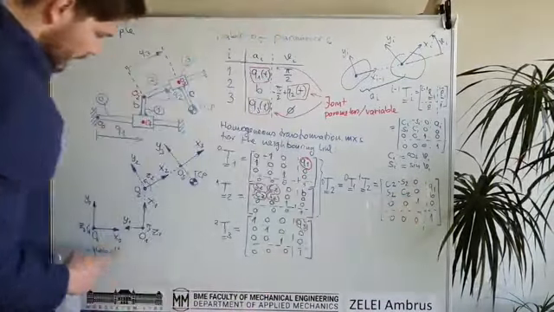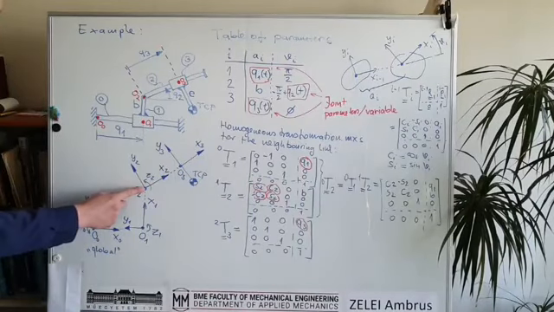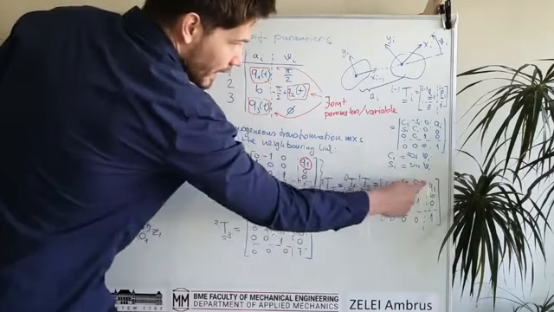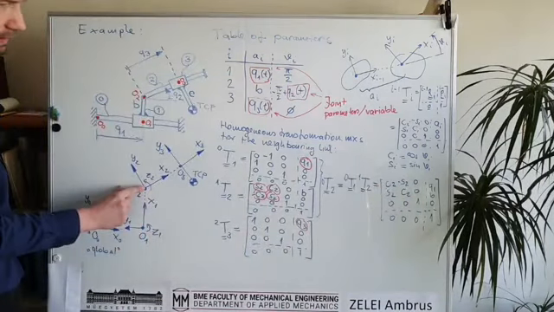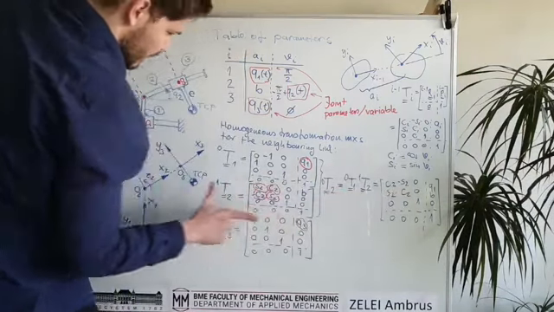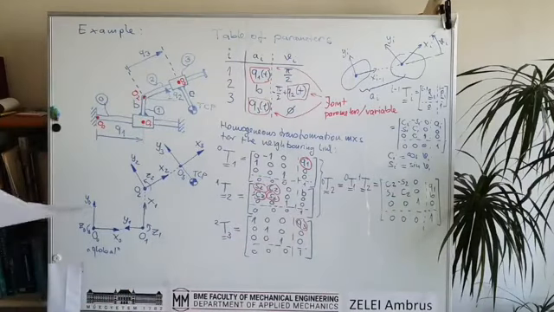If I want to go directly from the global to the second coordinate system, I have to travel q1 in the x direction, and then I have to travel b in the vertical direction, and I have to have a rotational angle of q2. It is clearly visible here.